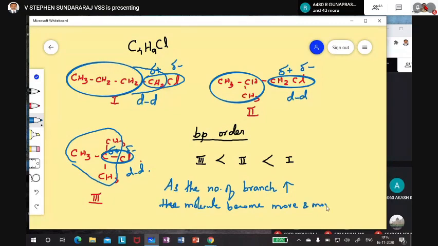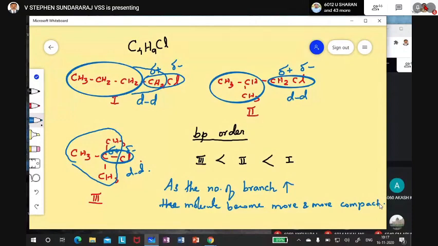You know that. When the body becomes spherical, its surface area will be less. I have given an example, at least you can recall it. Suppose you take 1 kilogram of clay, and five students each take 1 kilogram of clay. That means all of you have the same mass, and the same molecules present.